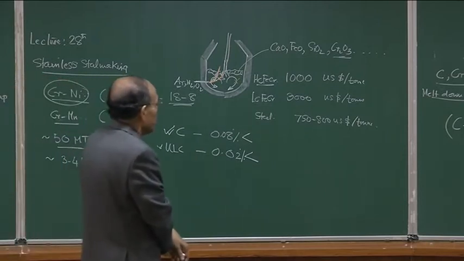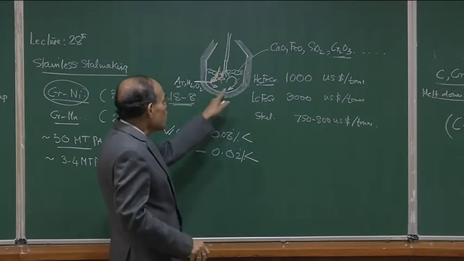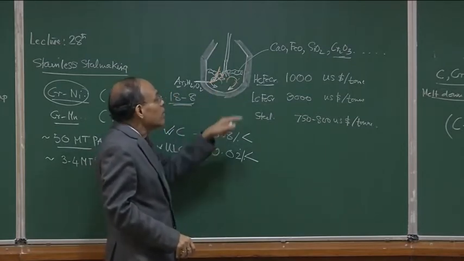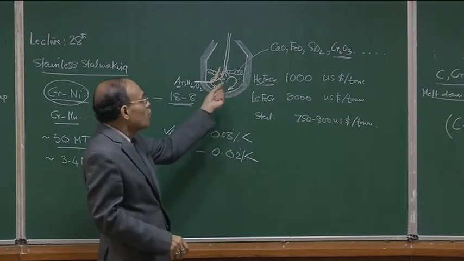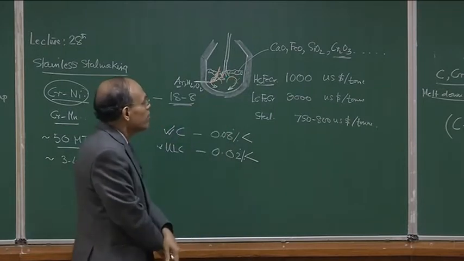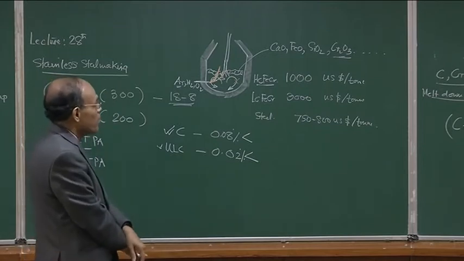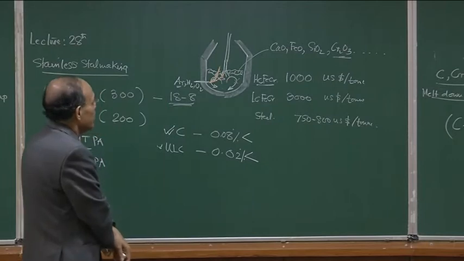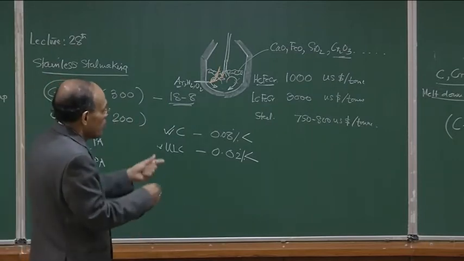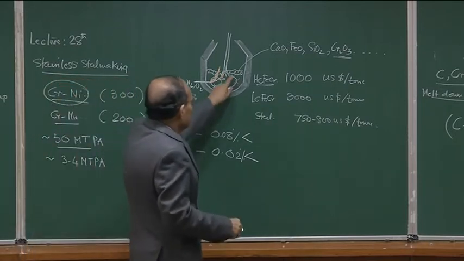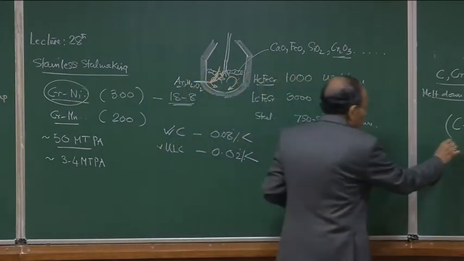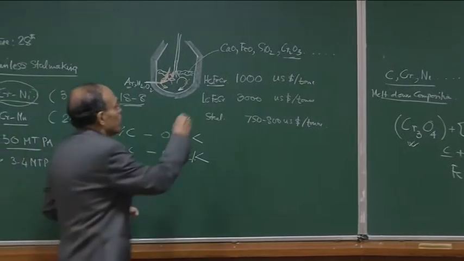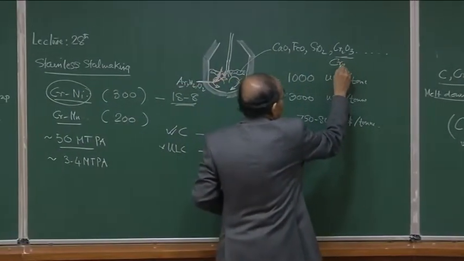Now, before you tap the furnace, it is often desired that you will try to win back, if there is quite a bit of even 3 to 4% or 5% of chromium present in the slag, try to win back, or if there is quite a bit of Cr3O4 left in the slag, in that case you can also say Cr3O4, there is no problem.